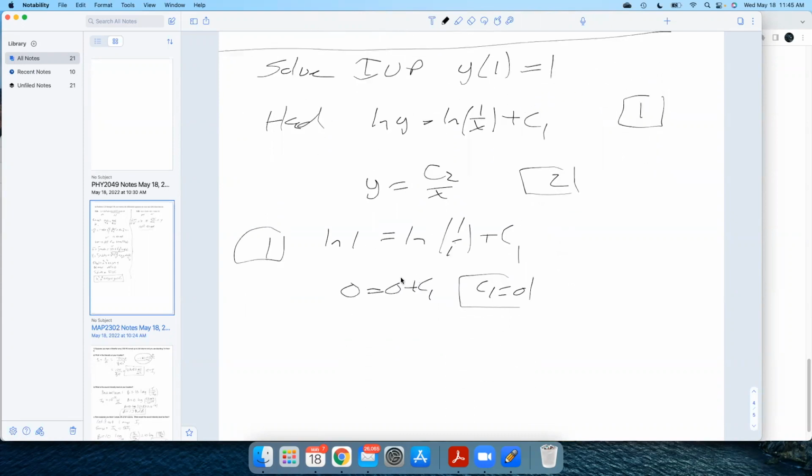My particular solution would be ln of y equals ln of 1 over x. That's the solution. Let's write that in explicit form. That's implicit form because y is not isolated. Just make both sides powers of e, and you get y equals 1 over x.